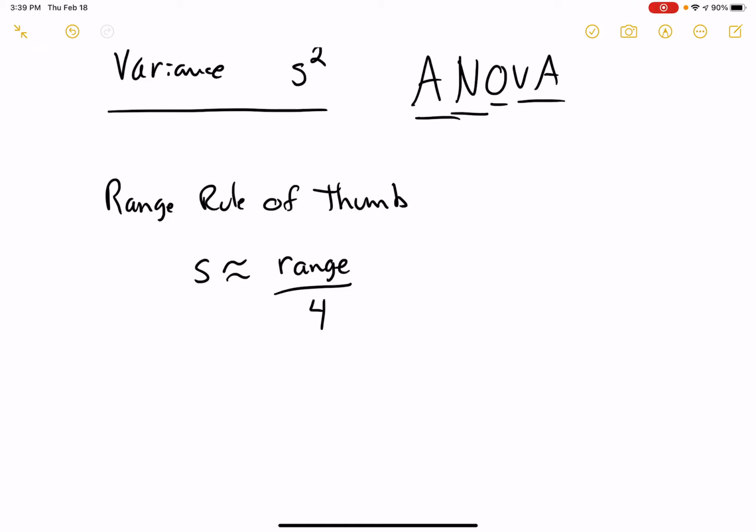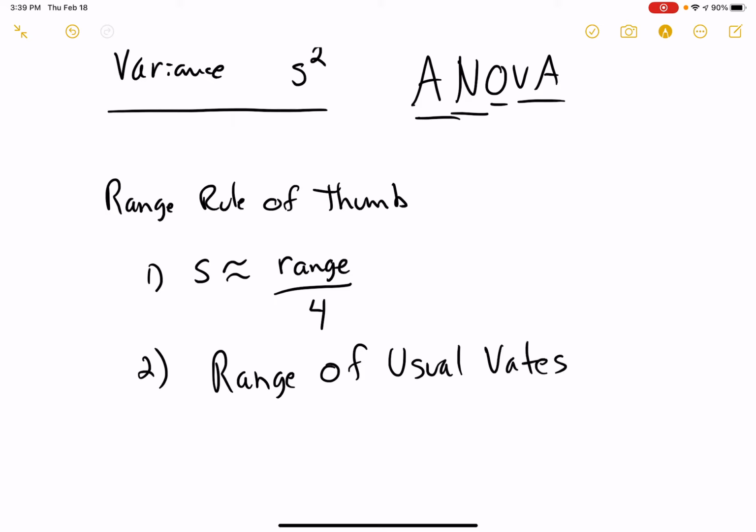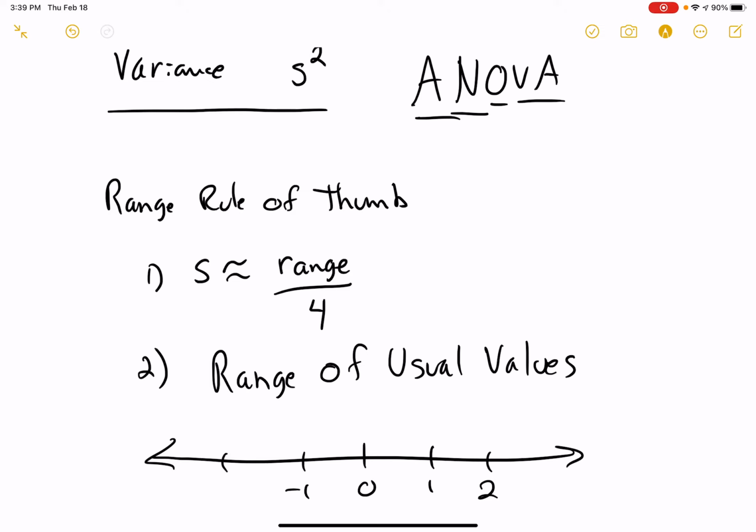Now this is one part of the definition of the range rule of thumb. The other one is the range of usual values. The range of usual values are all of those values that are within 2 standard deviations of the mean. So we have our sample mean right in the middle of our values.